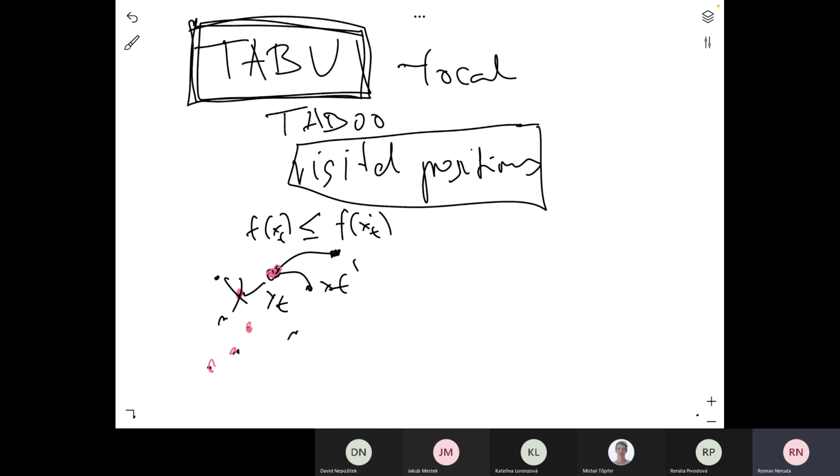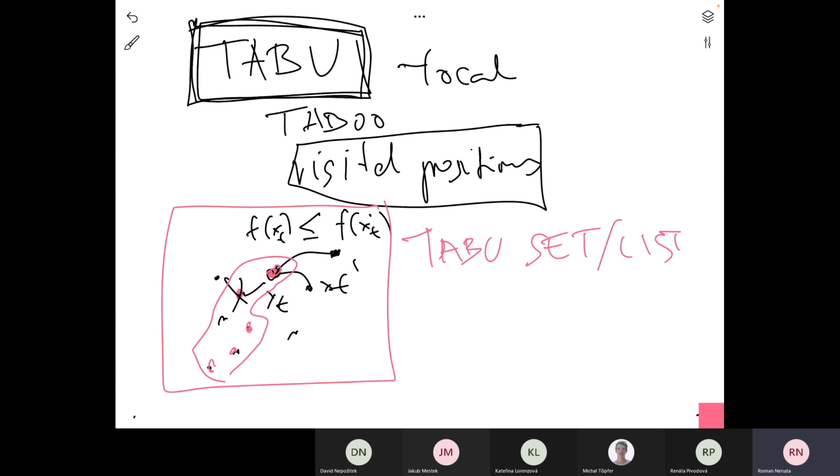And so the way we do it is that we have some kind of taboo set or taboo list of the previously visited positions, right? So that's the main idea. The algorithm that you have in the slides is actually trying to express this on this example.